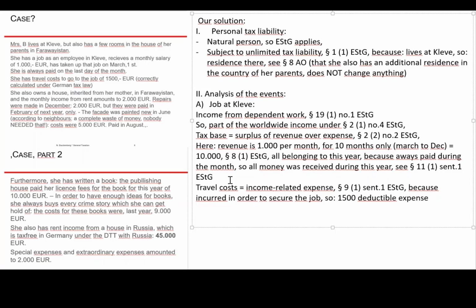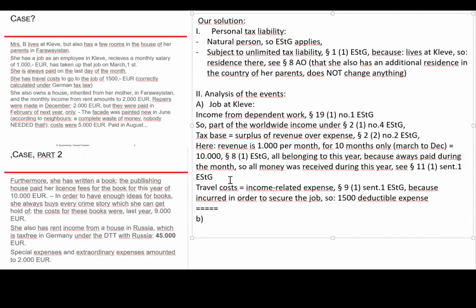Correctly calculated under German law, that means nothing else than there are some special rules, but we don't need to take them into account here in a big way. Because she owns a house, that's evidently number B. Inherited from her mother in Far-Western, and the monthly income from rent is 2,000.